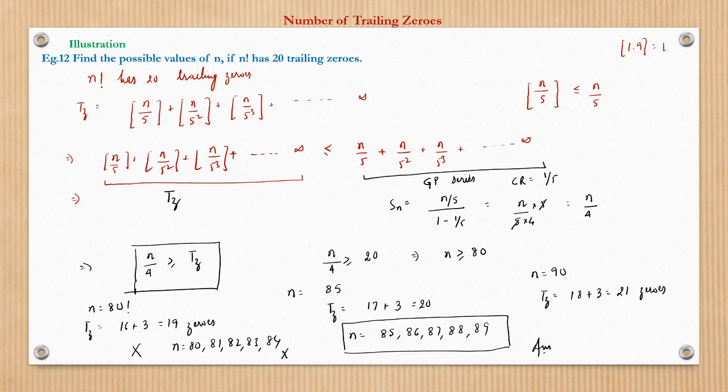Next multiple of 5 is 90. Since it is 5 raised to power 1 times the previous number 85, it will have one more power of 5, therefore 21 zeros. However, our answer actually is limited to 85, 86, 87, 88, 89.